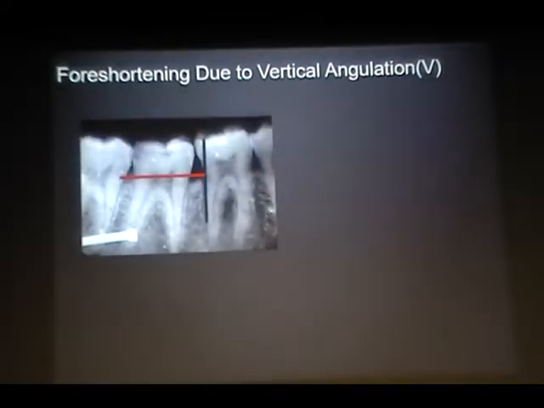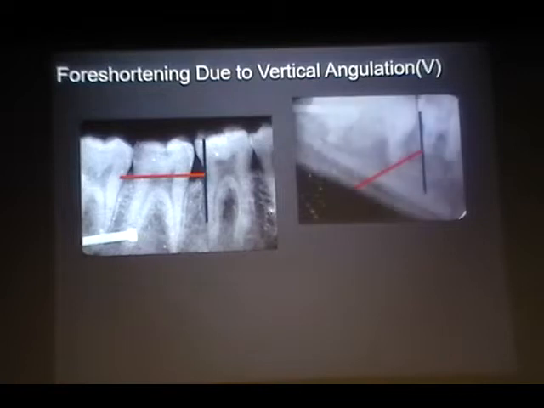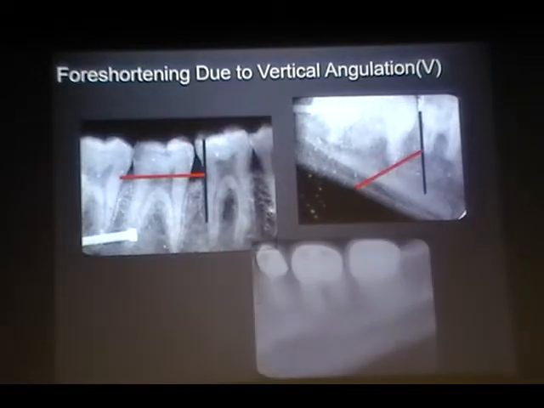So we talked about the horizontal angulation, vertical angulation, and sometimes if you are not using the proper angulation, especially the vertical angulation, you could make your teeth look either too long or too small. If it's too long, we call it elongated, or if it's too small, we call it foreshortening, like this one.